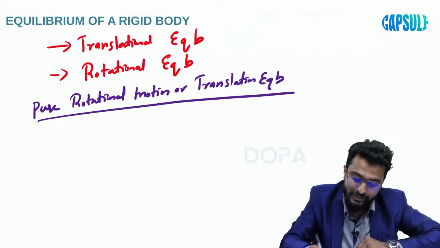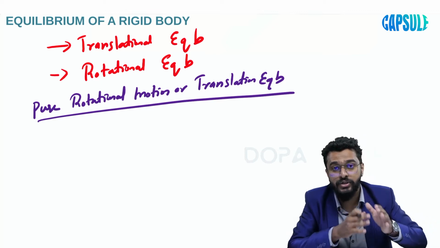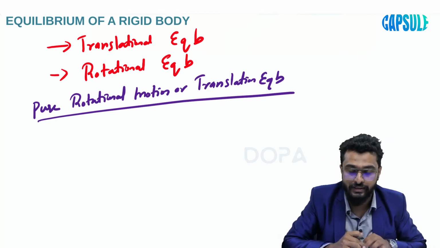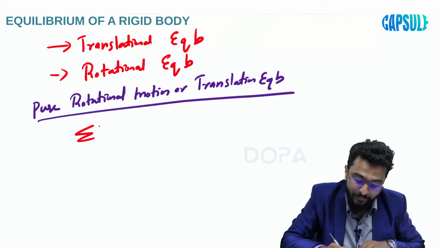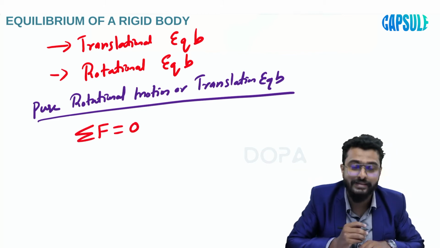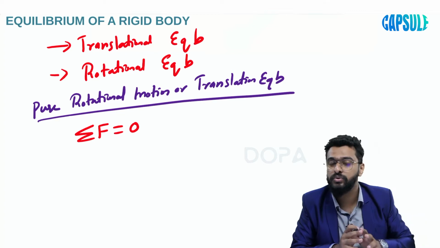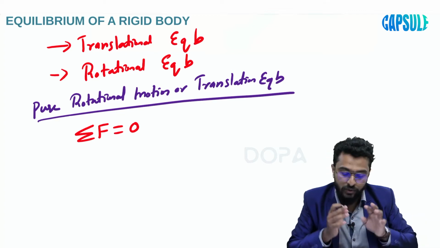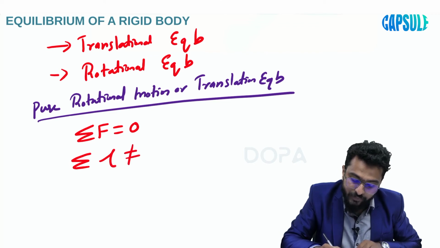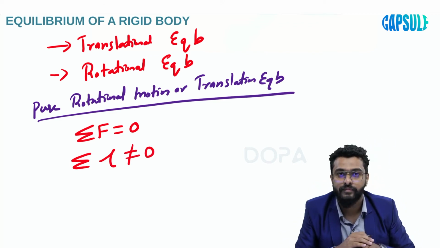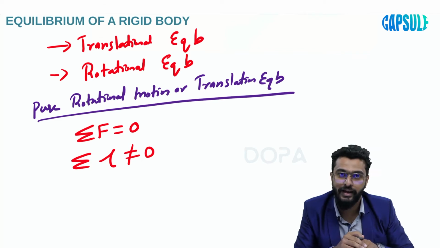If a body is said to be in translational equilibrium, the net force is equal to 0, but the net torque is not equal to 0. That's the condition for translational equilibrium.